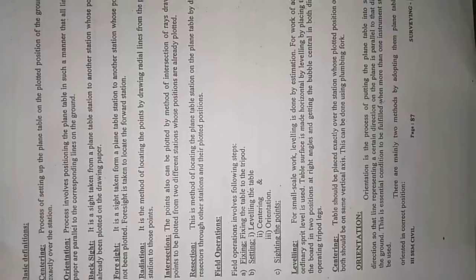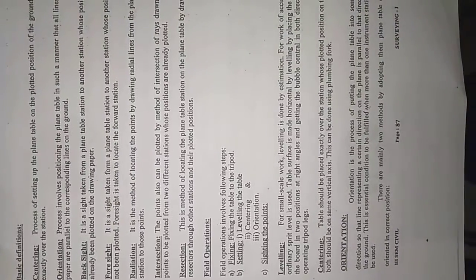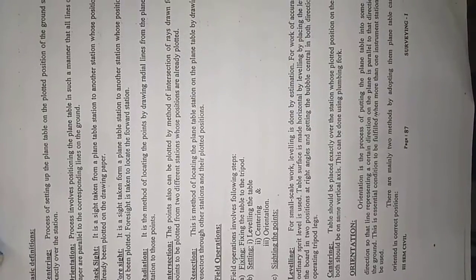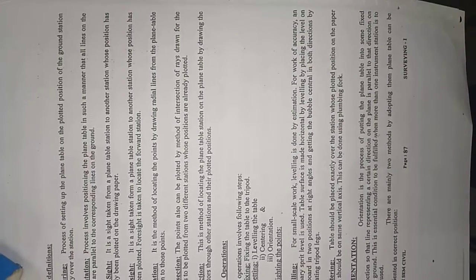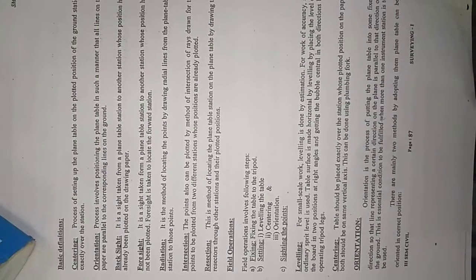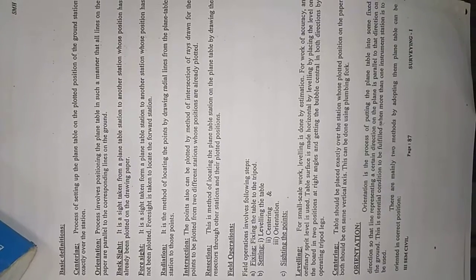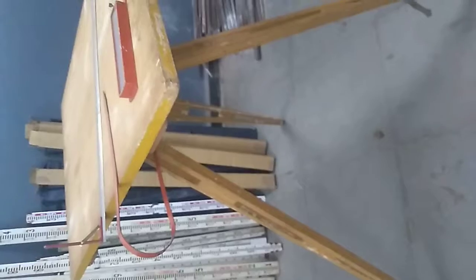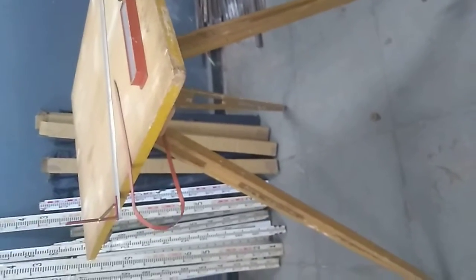The next field operation is centering. The table should be placed exactly over the station so that the plotted position on the paper and the station on the ground are both in the same vertical line. This is done by using the plumb fork. After doing the leveling, we need to do the centering. As I have told, first we do the leveling and then the centering.